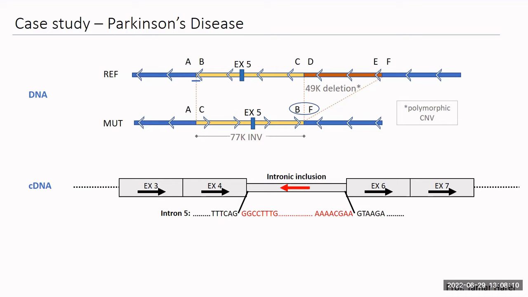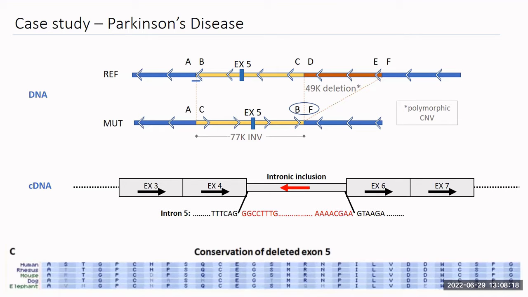So some arbitrary sequence from intron number 5 was inserted instead of exon number 5. And when looking at the conservation of the deleted exon number 5, we found it to be highly conserved, explaining the pathogenicity of this variant, which probably causes a complete loss of function.